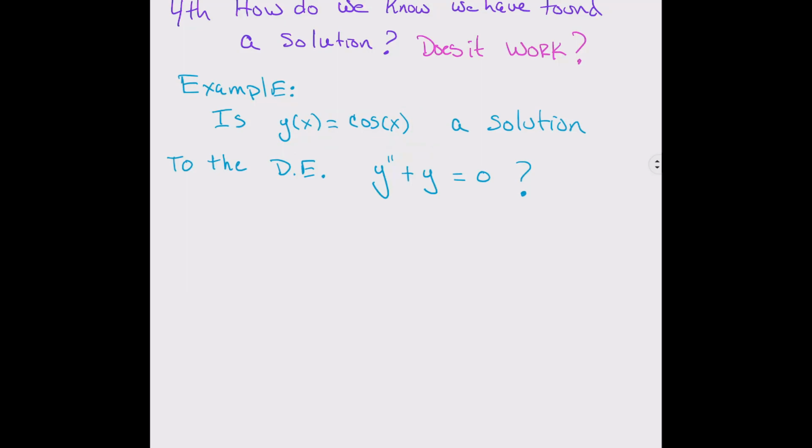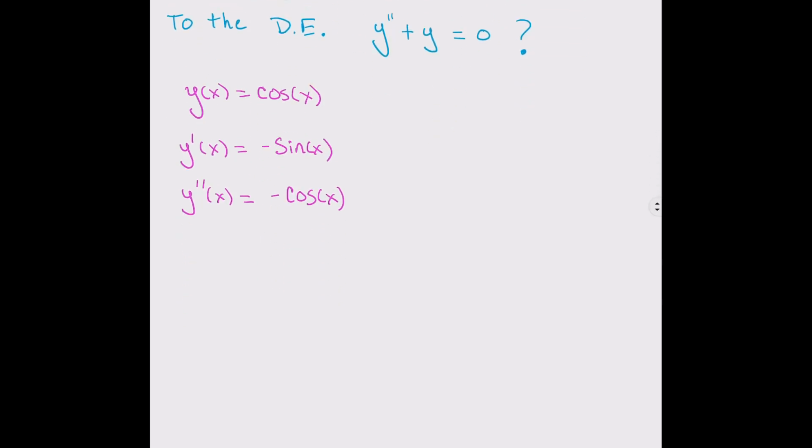What I need to do is plug in my solution and see if it works. I already have y equals cosine of x, so that I can plug in to y, no problem. Then I just need to find the second derivative. The first derivative is equal to minus sine of x, and the second derivative would be equal to minus cosine of x. So now I can plug in.